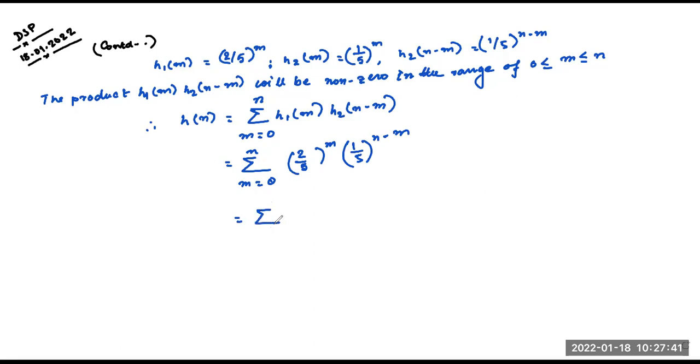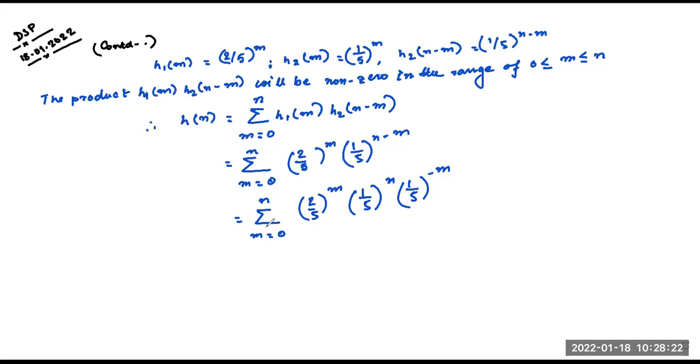So that equals summation of m equals 0 to n, (2/5)^m, (1/5)^n, and I can write (1/5)^(minus n). So this is the limit of m from 0 to n, and n is not the limit, so I can take it out of the summation.